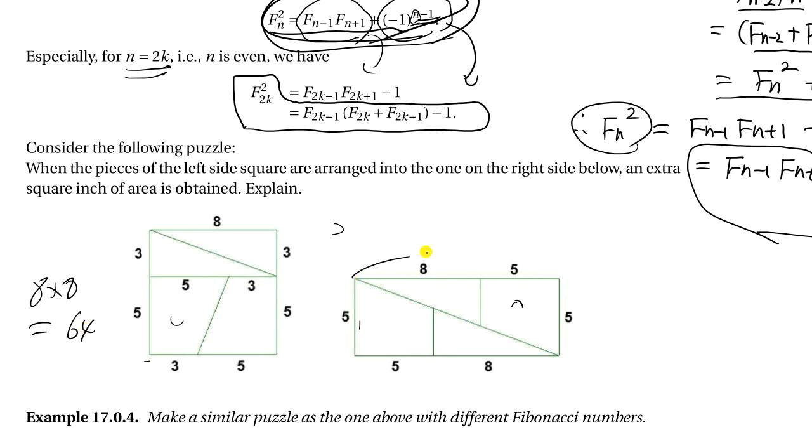Over here we have 5 plus 8, which is 13, and this is 5. So 13 times 5 is 65, right? Okay, so what the heck, right? I mean, we didn't add anything or delete anything, but it looks like we have a different area. So what's going on?